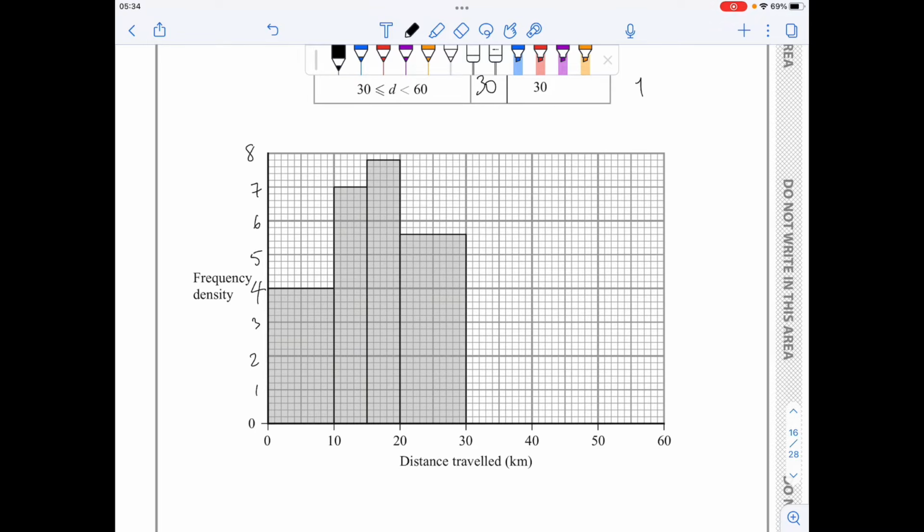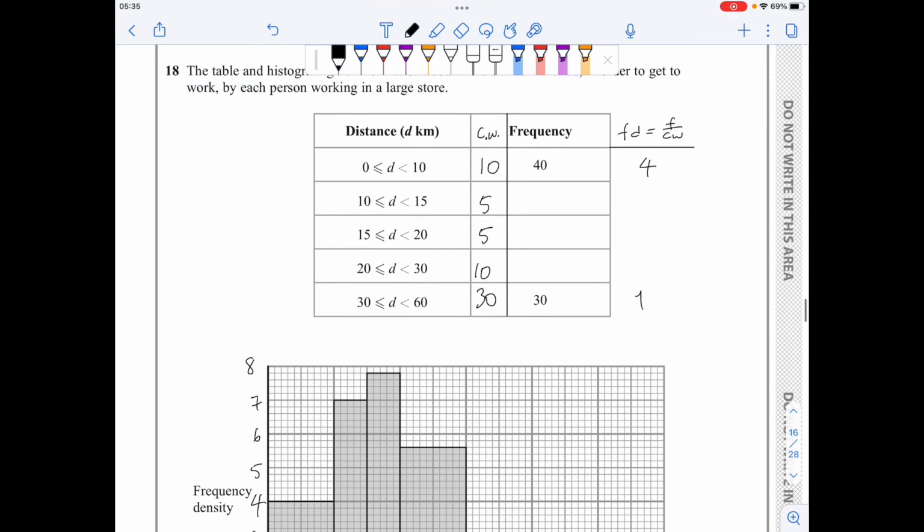So now that I have the y-axis, I can complete the last column with the frequency densities. These are the heights of each bar. So the second one is 7, next one 7.8, and the next one 5.6. Now if you rearrange this formula, frequency will be equal to frequency density times class width.